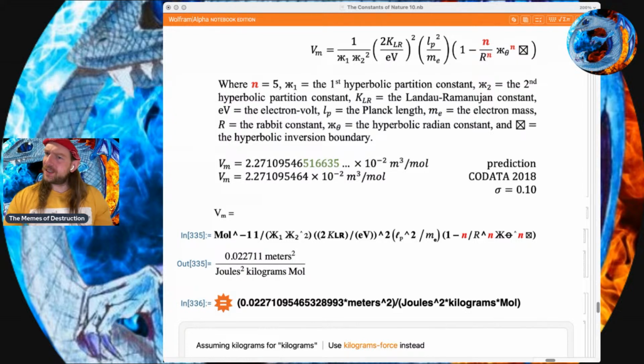M3. Oh, yes, it is divided by mole. Okay, so meters cubed and mole -1.